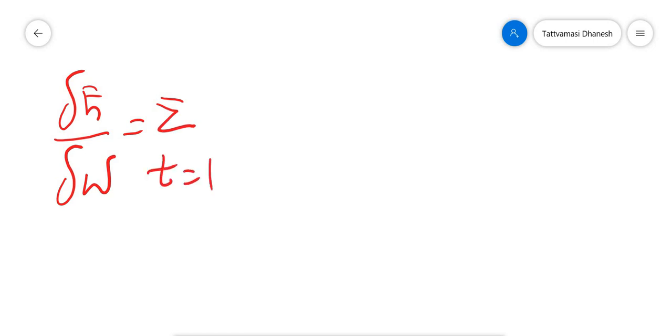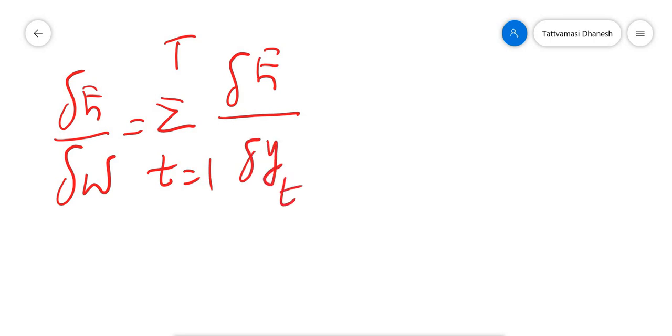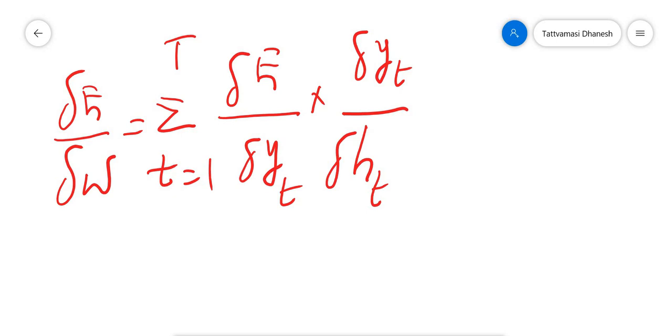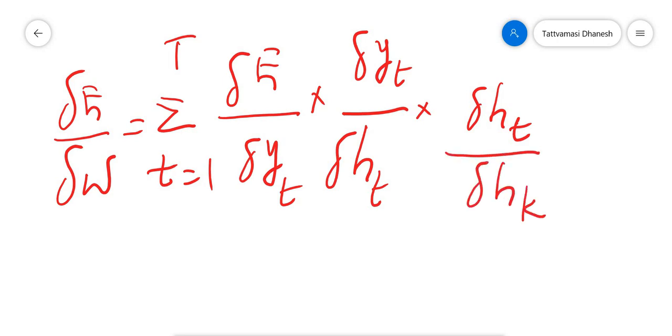We can write dou E by dou W, the partial derivative of error with respect to weight, is equal to sigma t is equal to 1 to T. Then we need to apply the chain rule: dou E by dou of YT, the output Y at T, into dou of YT divided by dou of HT into dou of HT divided by dou of HK.